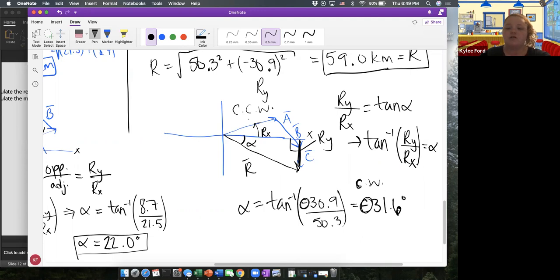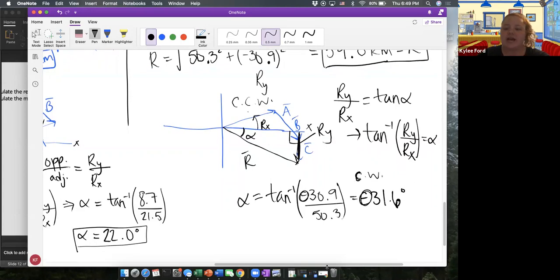Just know that we can also look at this in a different way. If I take my negative, I can convert it to the counterclockwise measure just by adding 360 degrees. So I can take my negative 31.6 degrees and add 360, basically adding a circle.